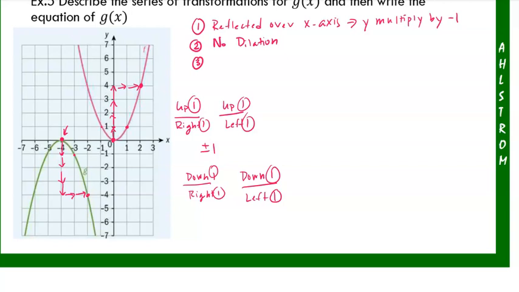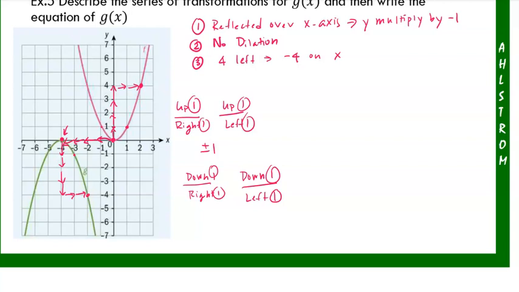Now let's go ahead and see what other movements we had. We know that it went 1, 2, 3, 4, so 4 to the left. 4 to the left would mean mathematically a -4 on the x.